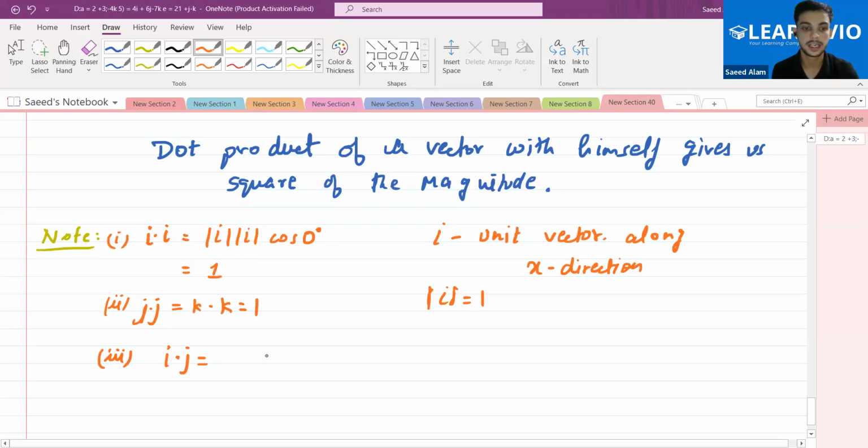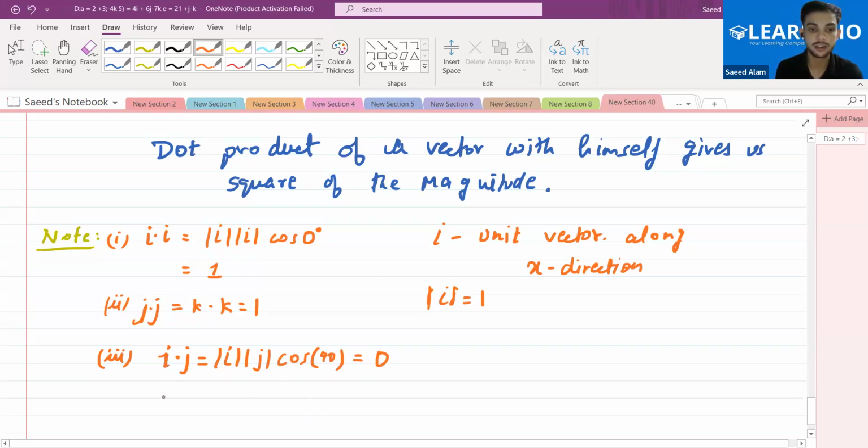First of all, magnitude of I, then magnitude of J, then what is the angle between I and J? 90 degrees. So the result will become 0. So I dot J will be 0.